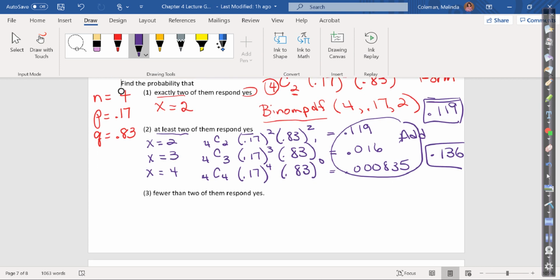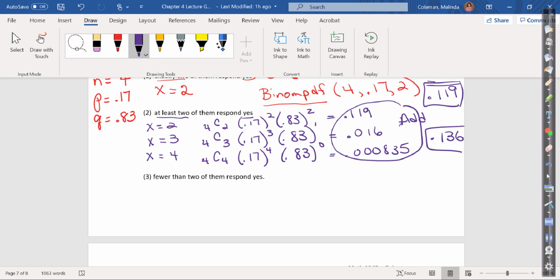Right? Fewer than 2 of them respond, so fewer than 2 would say x is equal to 0 or x is equal to 1. If I'm doing binomial, I would have the binomial PDF of 4, 0.17, 0.